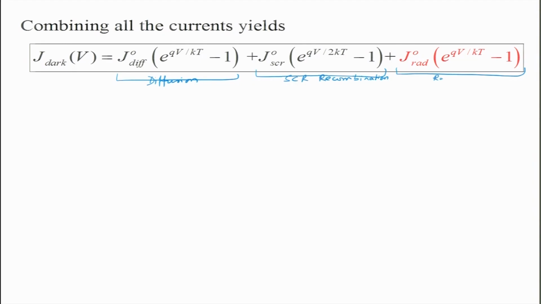This is space charge region recombination, and this is radiative recombination, which will always be present in a semiconductor, whose extent will be determined by whether it is a direct band gap semiconductor or an indirect band gap semiconductor. So this term is prominent for direct band gap semiconductors.